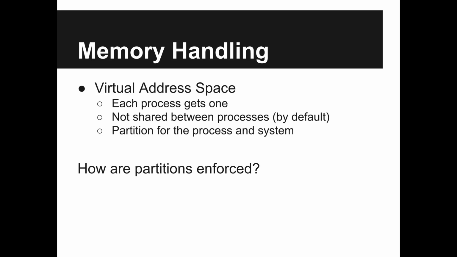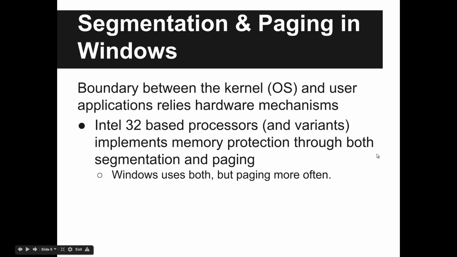Within it there's a partition for the process itself, operating typically in user land, and then a separate partition for system level functionality, or rather kernel land. So let's explore how these partitions are enforced, because we don't want user land activities to access the resources of kernel land. That's typically a security problem.